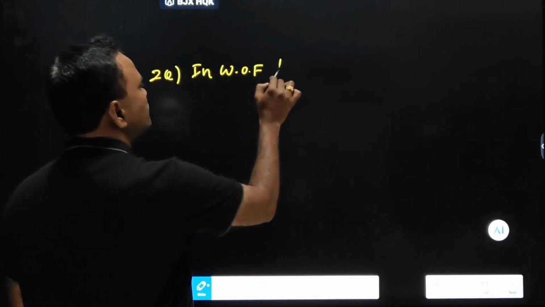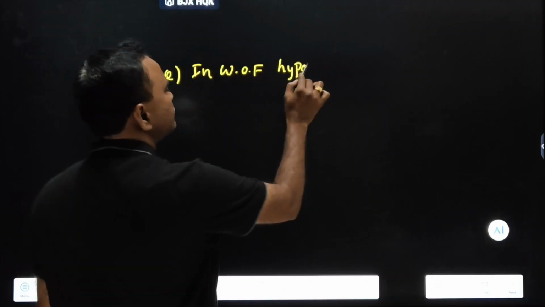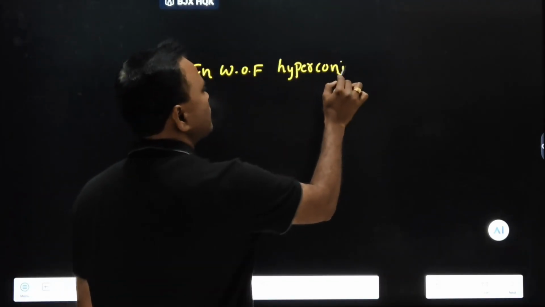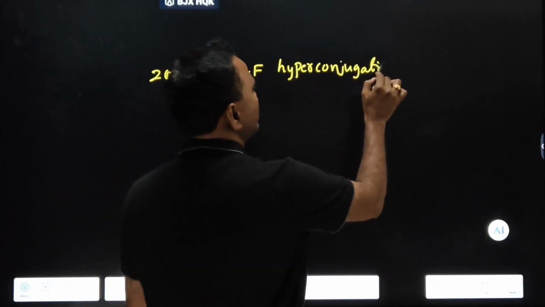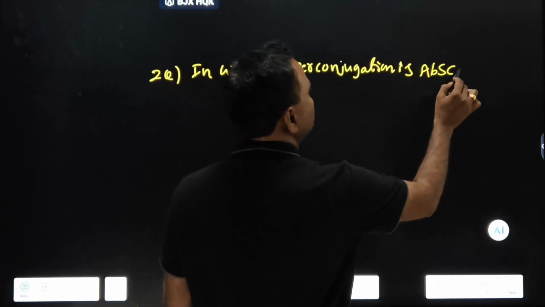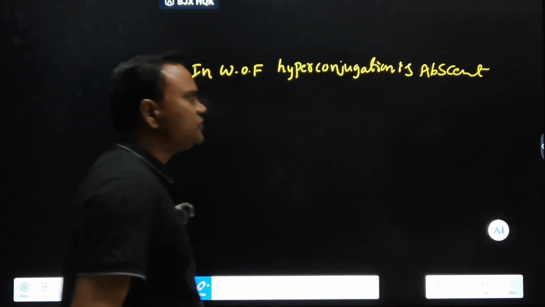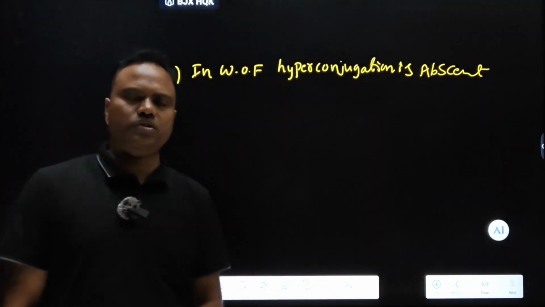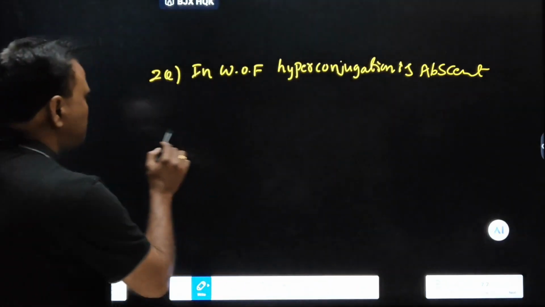In which of the following is hyperconjugation absent? This example is very, very important. Okay, right.